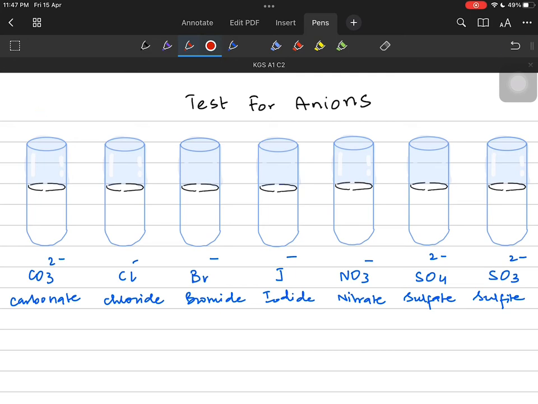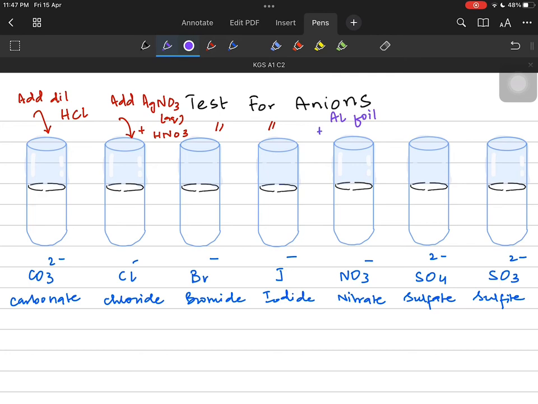In order to confirm carbonate, we can add dilute hydrochloric acid, because then you're going to see effervescence of carbon dioxide. To confirm chloride, we add aqueous silver nitrate with nitric acid, and bromide and iodide have the same test. To confirm nitrate, we add a piece of aluminium foil followed by dilute sodium hydroxide, and then we heat it.